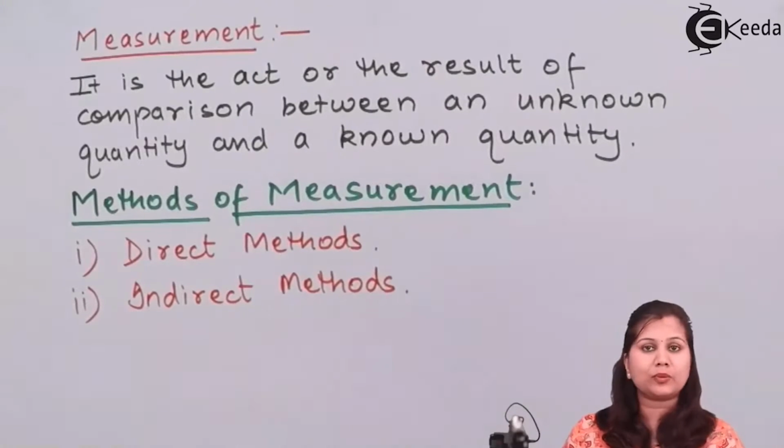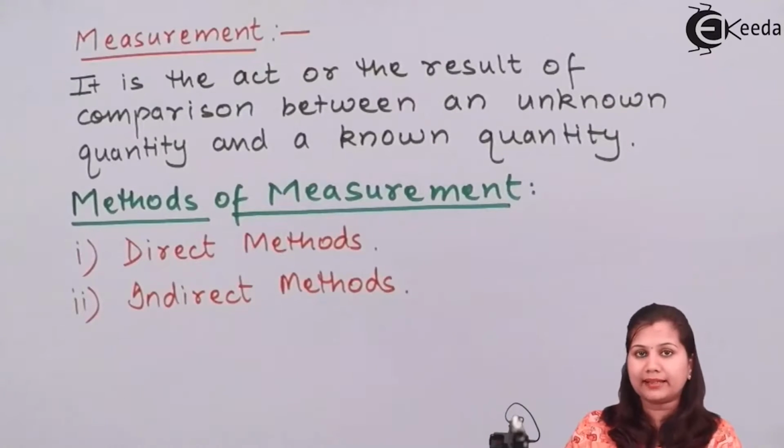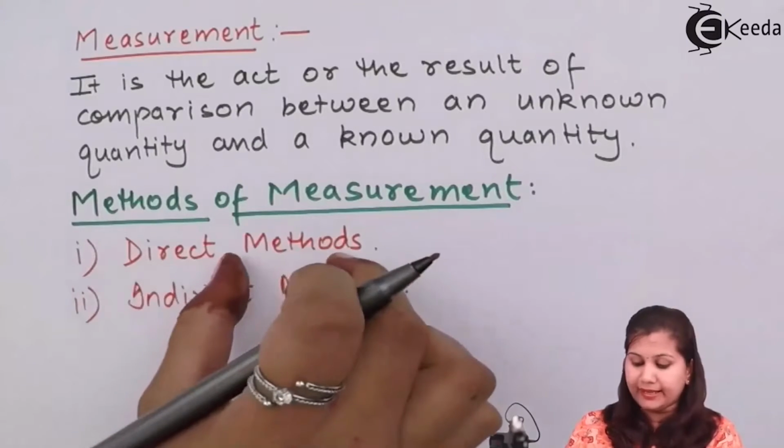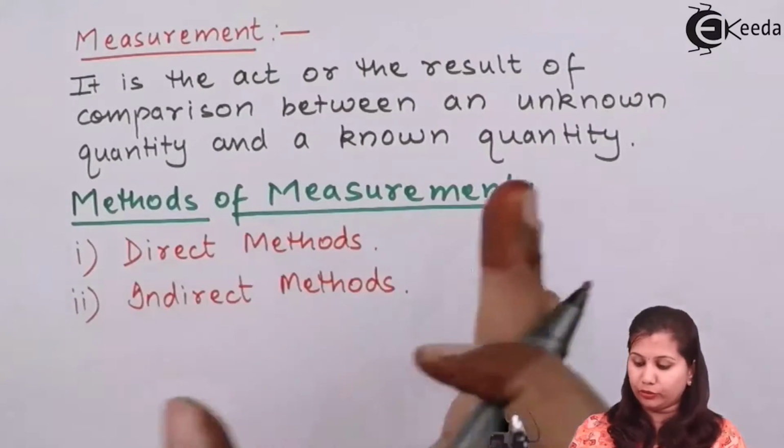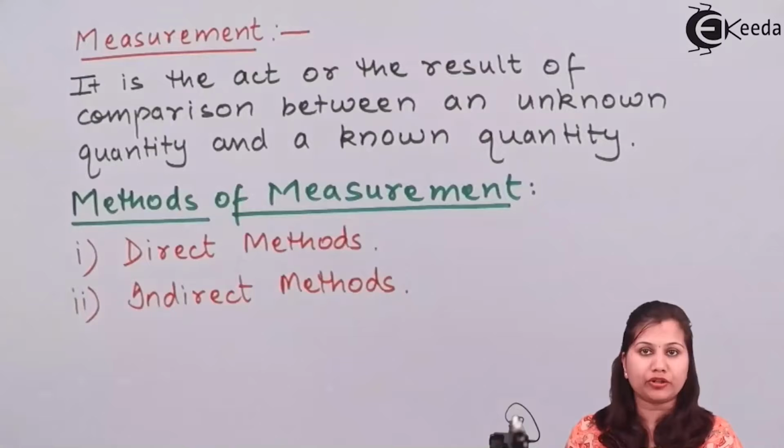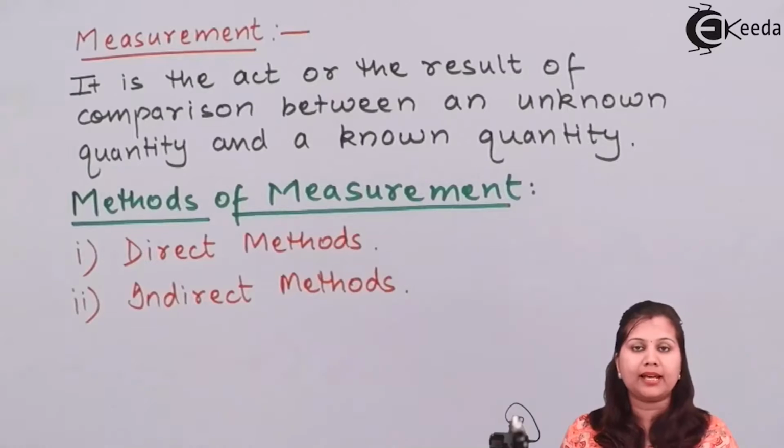So the difference between the direct methods and indirect methods is that in direct methods, the unknown quantity, that is the measurand which we want to measure, is measured directly. No comparison is made. Directly the instrument is connected to the unknown quantity and the measurement is done.